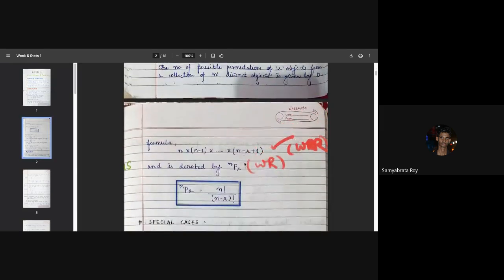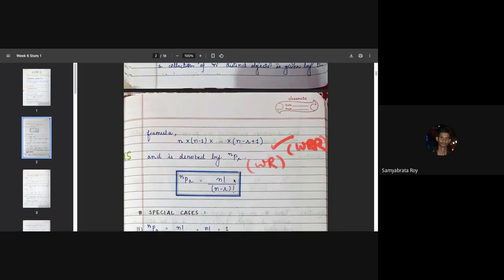So there's a formula which includes the concept of factorial in it.